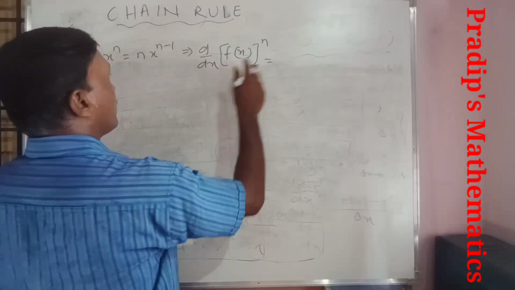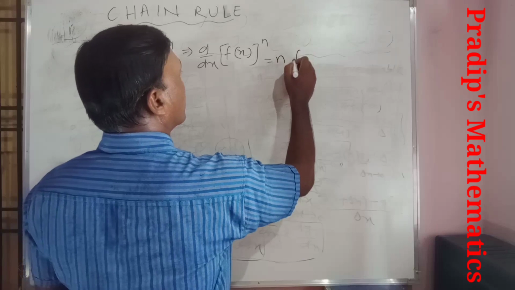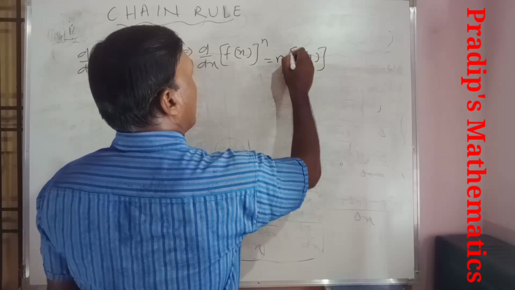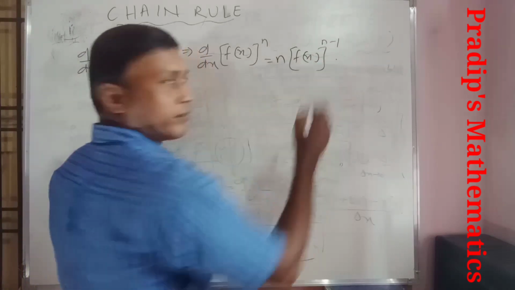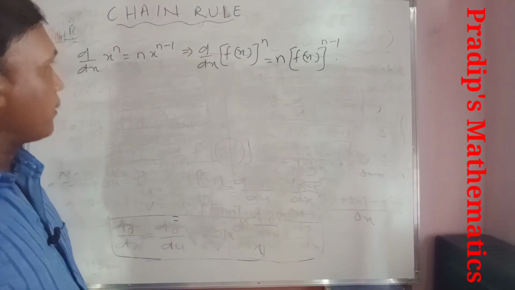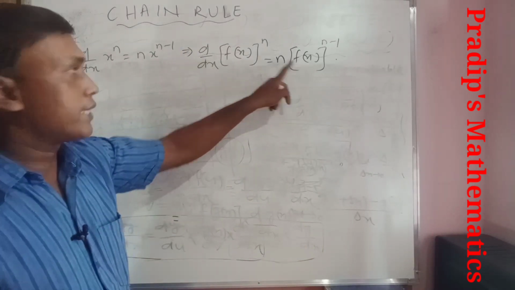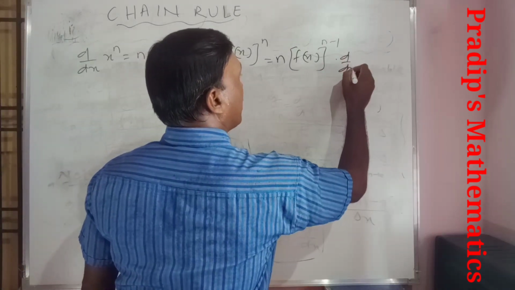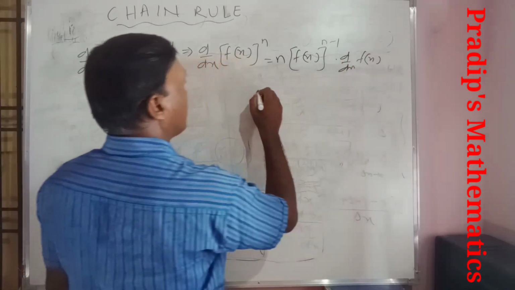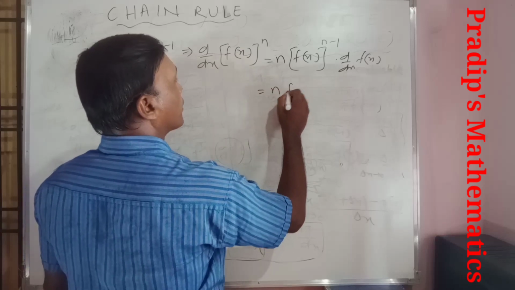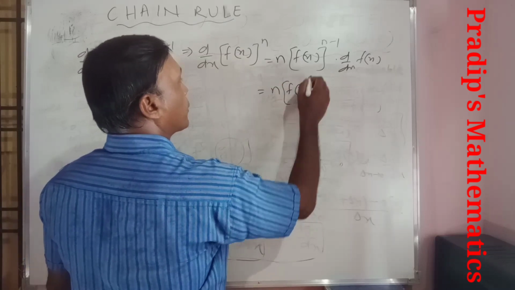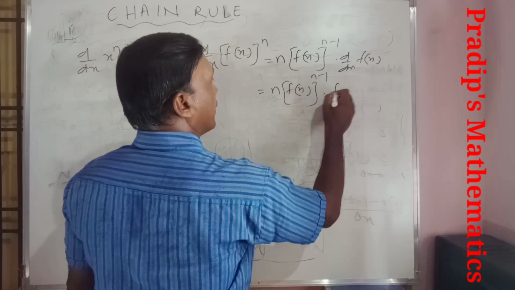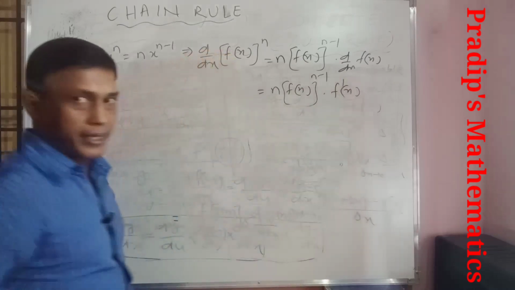So this is n into f of x to the power n minus 1, but there is no x here, x is replaced by f of x. So this is into the derivative of f of x, which is equal to n into f of x to the power n minus 1 into the derivative of f of x, which is f dash x.